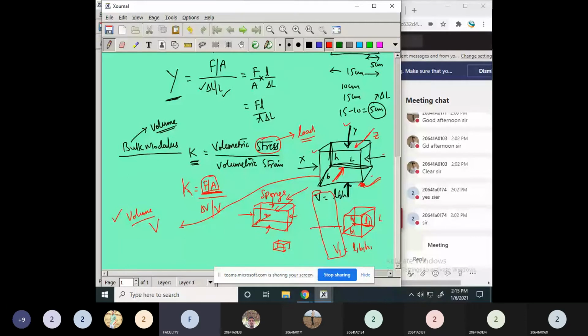How much is it reducing? Let us consider V minus delta V. There is some reduction of volume. Now this is the initial volume, and this is the final volume.